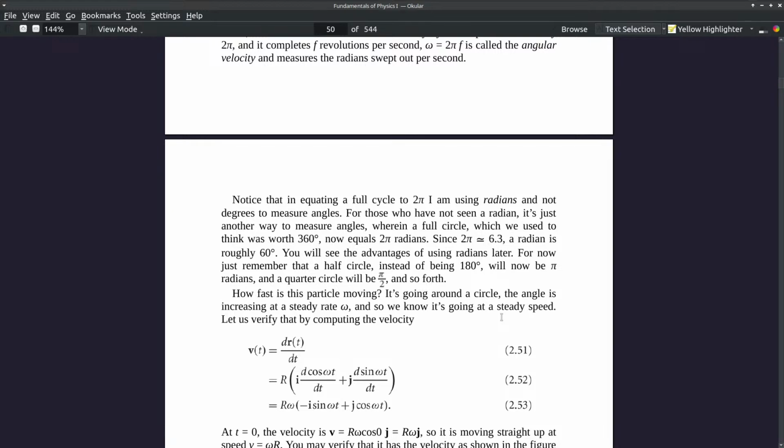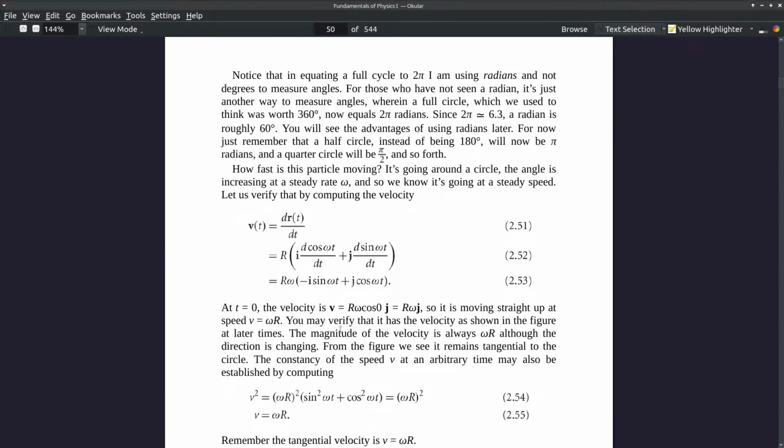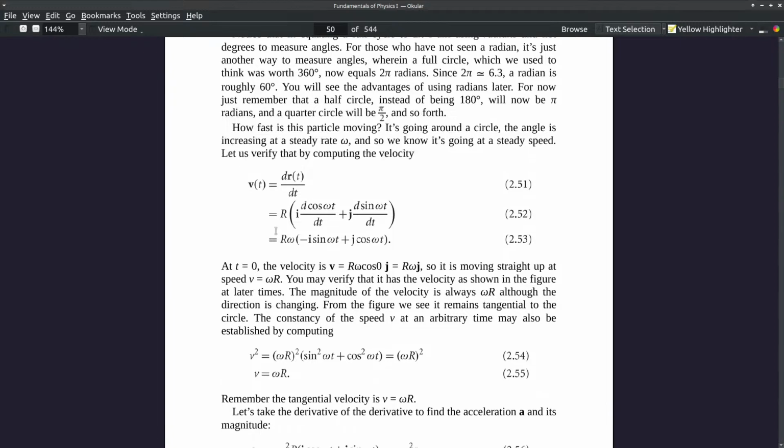Let us verify that by computing the velocity. v(t) equals the derivative of r(t) with respect to t, and that equals r times i times the derivative of the cosine of omega t with respect to t, plus j times the derivative of the sine of omega t with respect to t, and that equals r omega times negative i sine of omega t plus j cosine of omega t.